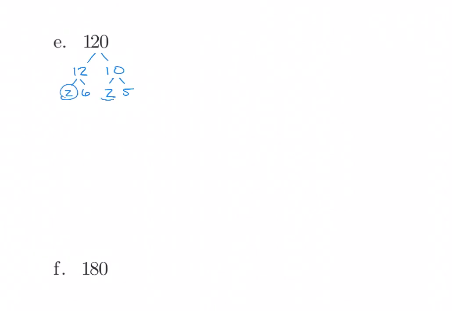Of these numbers, 2, 2, and 5 are prime. 6 factors further. This is 2 and 3. So now if we take all of our circled numbers and write it as a product, I have 2 times 2 times 3 times 2 times 5. Remember that it doesn't matter what order you write this in. If I wrote this with exponents, I have 3 2's, so this is 2 cubed times 3 times 5.